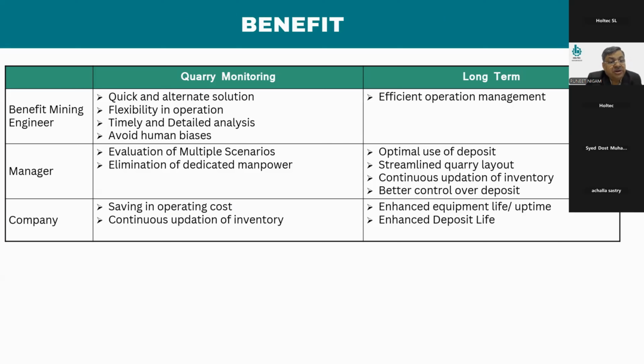There is timely and detailed analysis available, and they avoid human bias. The manager has the advantage of evaluating multiple scenarios and reducing dedicated manpower. They can reduce the dedicated manpower, not eliminate it, because we still have to do the monitoring.